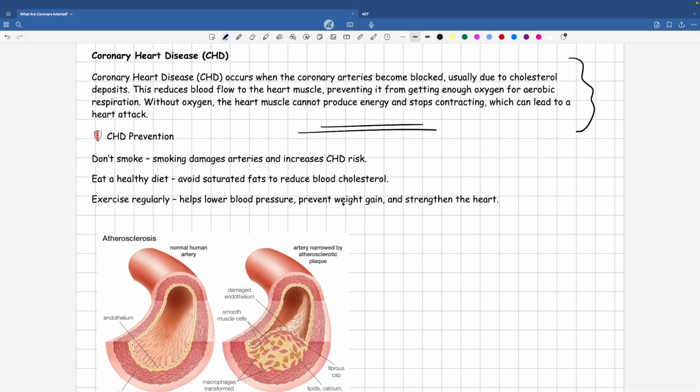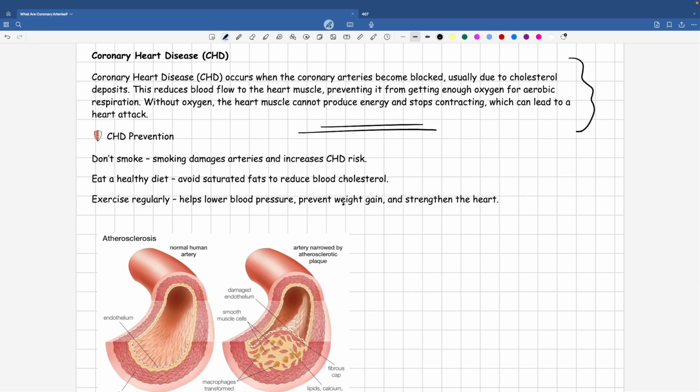So smoking is very dangerous, kids. Please remember that. You guys are soon going to be adults. I will highly request all of you never to smoke. It causes serious damage in the arteries and increases the chances of CHD. And a healthy diet is very important.